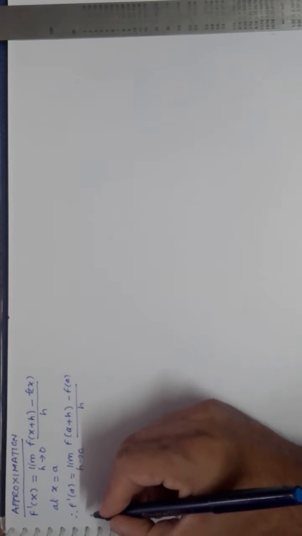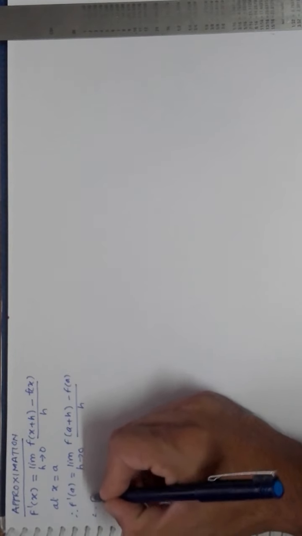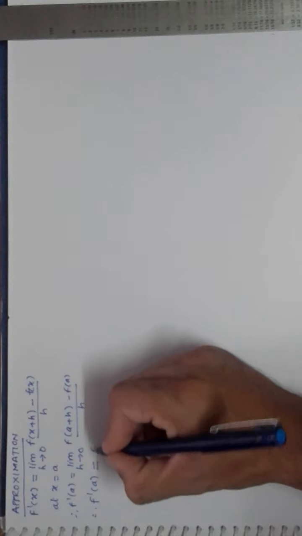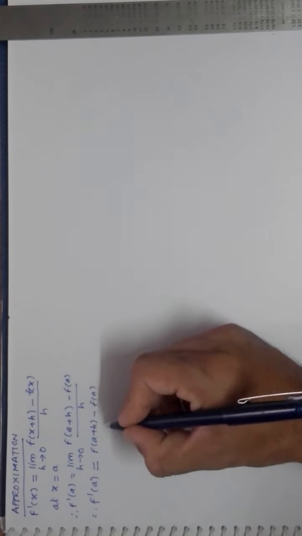Now derivative is nothing but a limiting value. It means that the left side and right side may not be equal. There may be a small minute difference. So this f dash a will never be actually equal to function of a plus h minus function of a upon h.